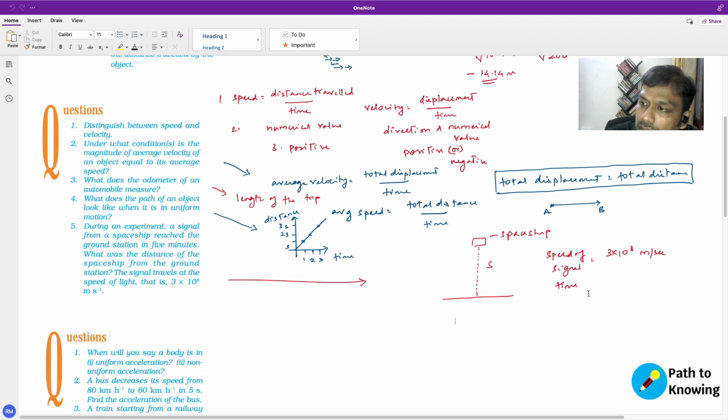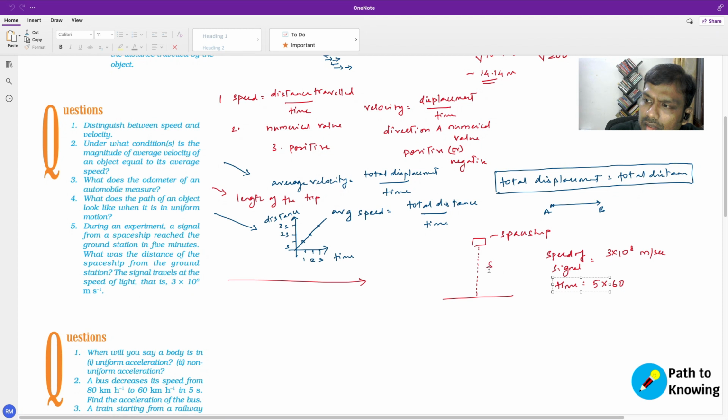This is the time the signal took to reach the ground station, which is 5 times 60 seconds. Sorry, there is a lag here. So it is going to be 5 times 60 seconds.